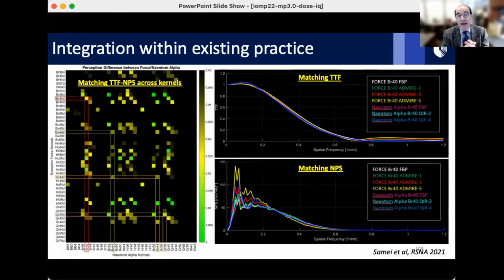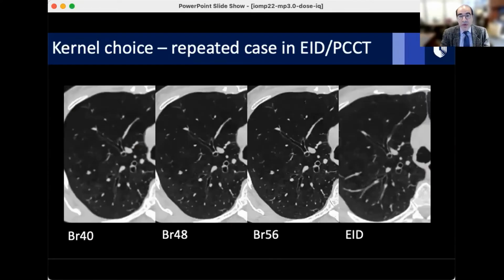And on the right side, I'm demonstrating that by essentially matching the resolution and noise, you can match the MTF and noise power spectrum. Why do we do this? We do that so I can figure out which one of the kernels that I'm showing you on the left that comes from photon counting matches the one on the right that comes from energy integrating.